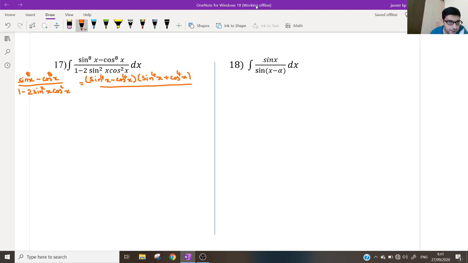And the denominator, 1 can be written as sine square x plus cos square x whole square. The square of sine square x plus cos square x is 1, so the square of that also is 1. Then minus 2 sine square x cos square x.